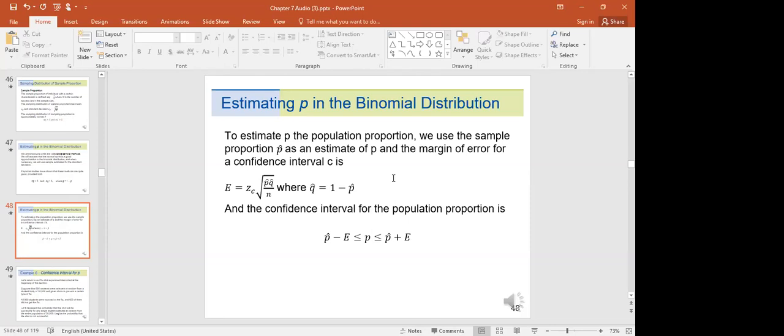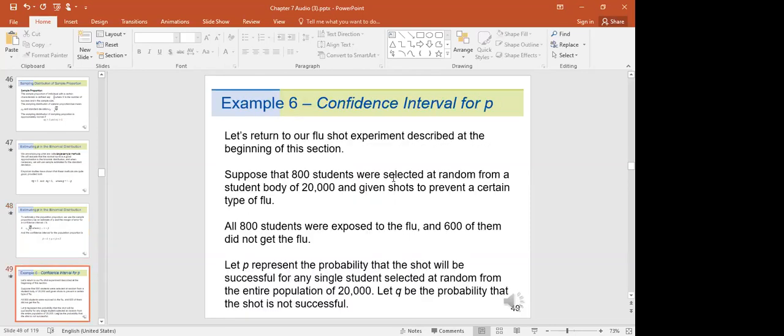We will look at an example here. Suppose that 800 students were selected at random from a student body of 20,000 and given shots to prevent a certain type of flu. All 800 students were exposed to the flu, and 600 of them did not get the flu.